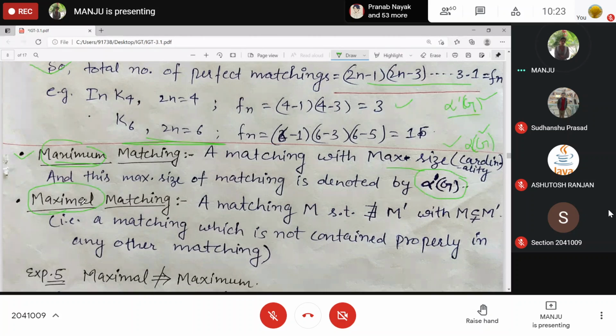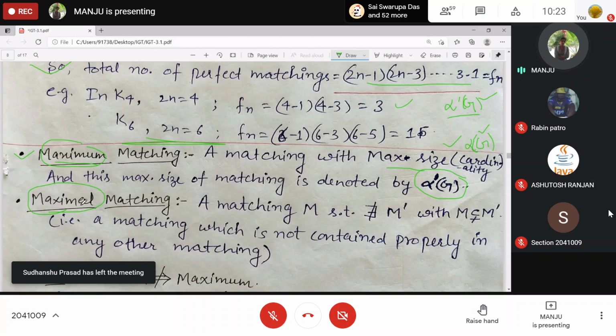Maximal means anything which cannot be extended, which is not properly contained in any other.